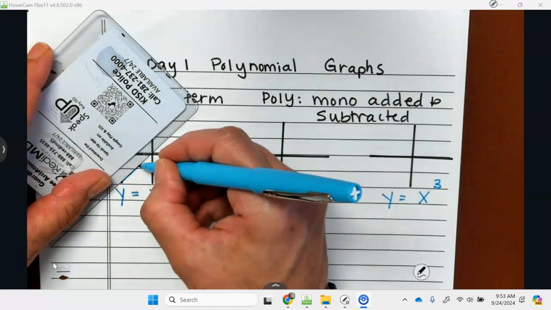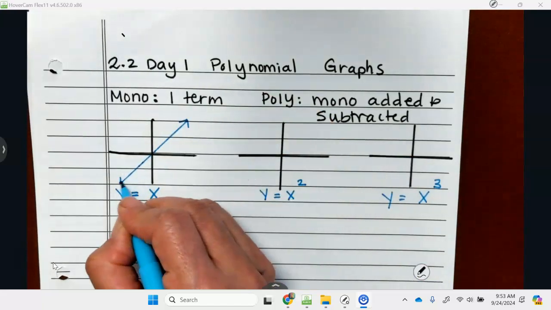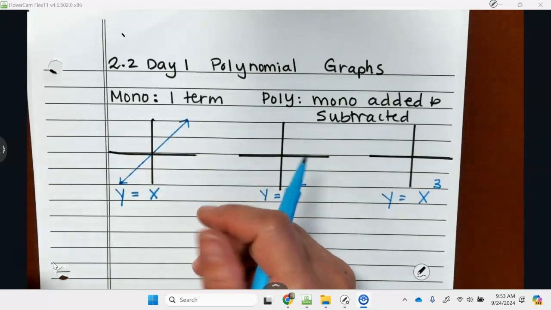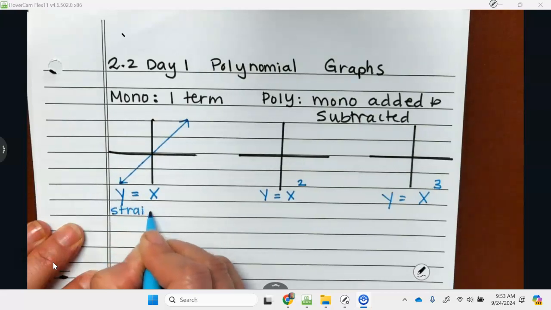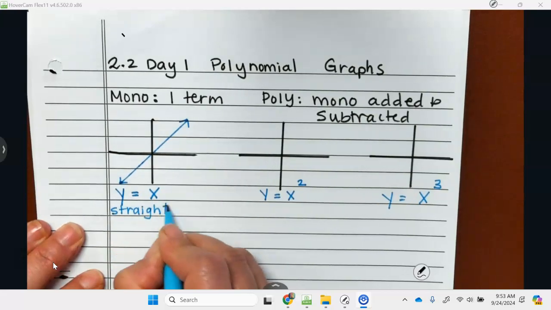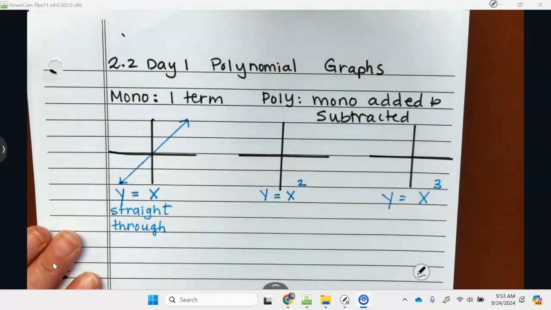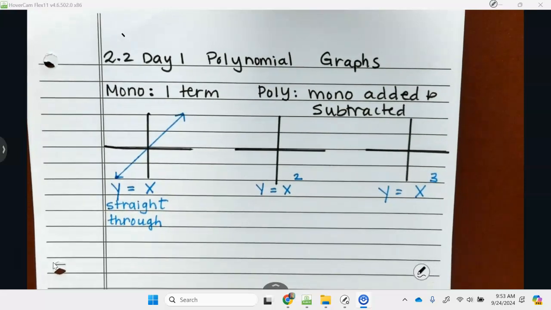When it passes through the x-axis, it starts down here, it passes the x-axis, it goes straight through. Straight, no curves.